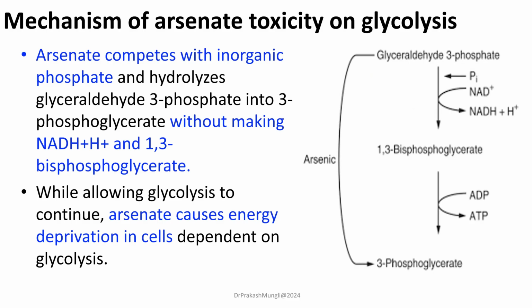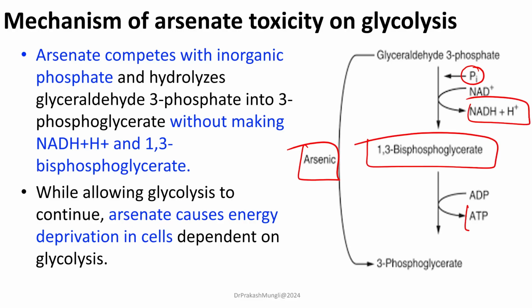Whenever arsenate is present in the cytoplasm, arsenate is going to compete with inorganic phosphate. Arsenate is written here, don't worry about that, it's a valency thing. Generally, glyceraldehyde 3-phosphate goes into 1,3-bisphosphoglycerate, it will make NADH, and later it's going to make ATP, and then you get 3-phosphoglycerate. This is what we have seen, right?